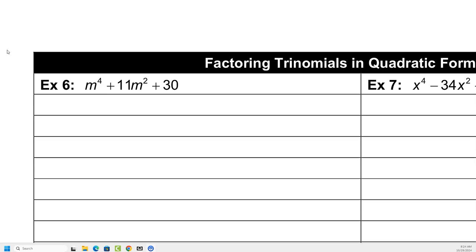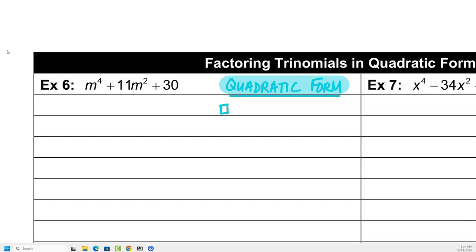So I will write here quadratic form. Okay, so if it's going to fall in quadratic form, 3 things have to be true. So you have to check all 3 boxes.